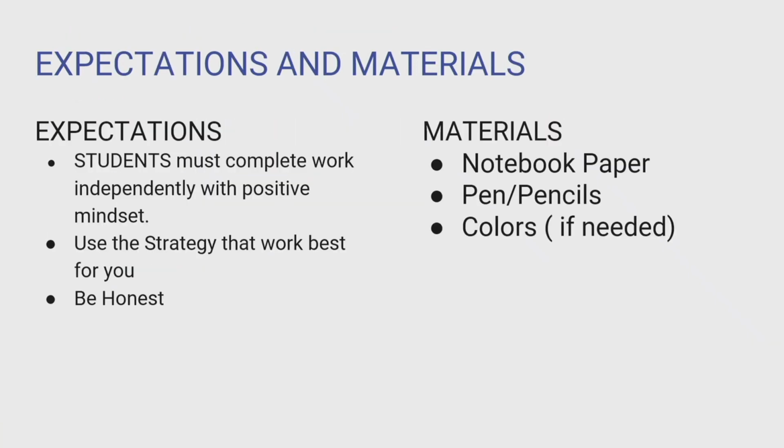The expectations and materials needed for this topic are: you need a notebook, paper, pen and pencil, and if you want colors, you can do color coding with the problems. You must complete your work independently with a positive mindset. Use a strategy that works best for you. There are many strategies that you can use to add or subtract polynomials.